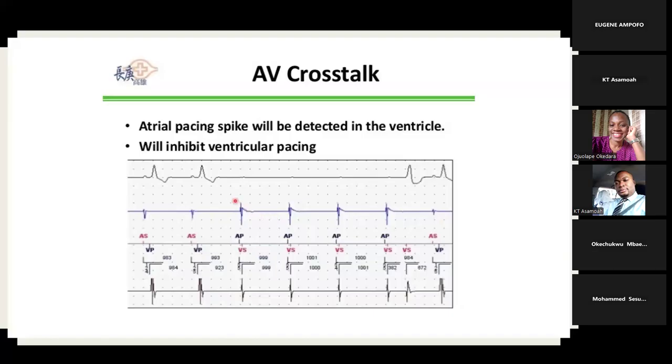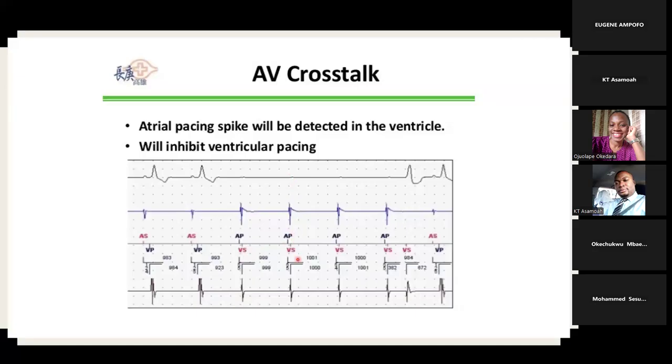So over here, you can see that you have atrial sense, ventricular pace, atrial sense, ventricular pace. Now, here the atrium paced, but the ventricle sensed it as intrinsic activity. So even though the atrium had paced, because the ventricle sensed it, it kept quiet.